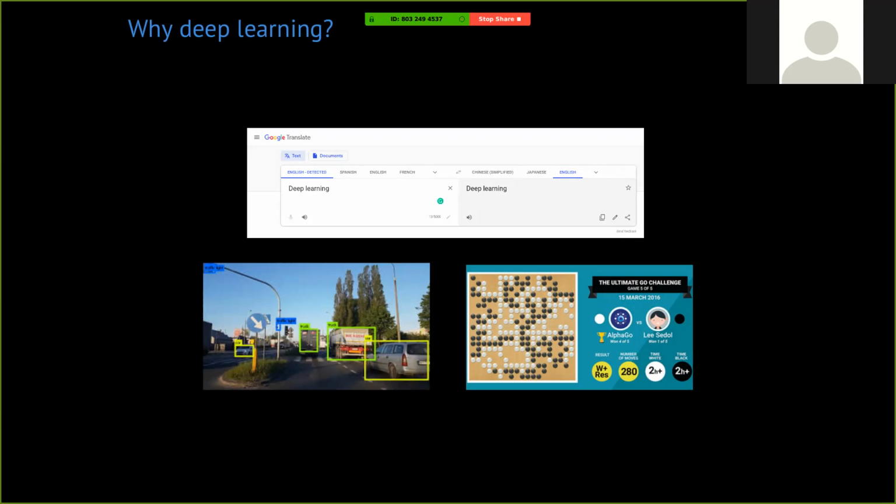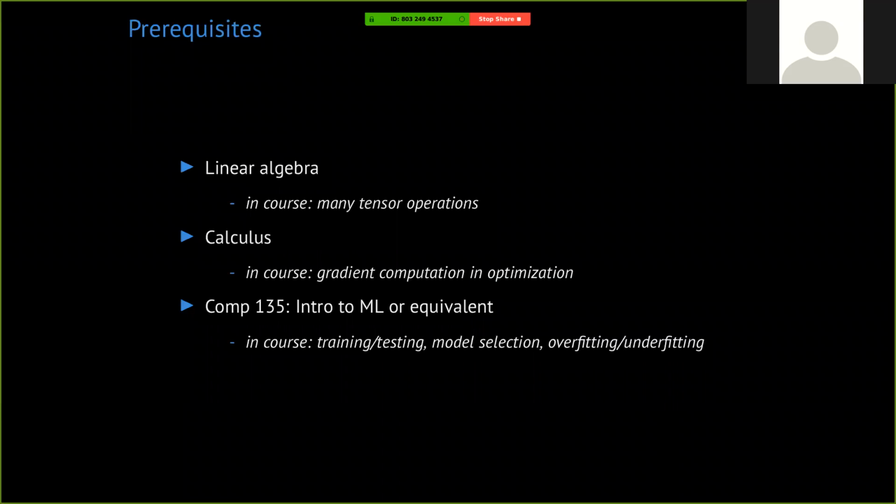In this course, I'm going to teach you some principles of constructing these deep neural networks. I put 3 prerequisites for this course. The first one is linear algebra. In this course, we will have many tensor operations, and then your knowledge in linear algebra will assist you in understanding these operations.